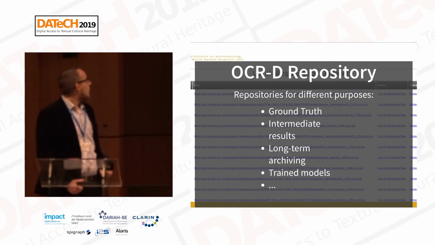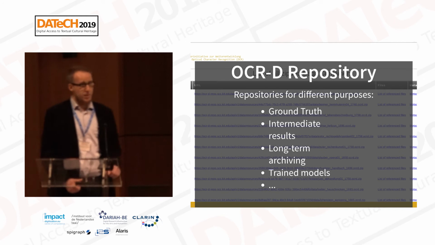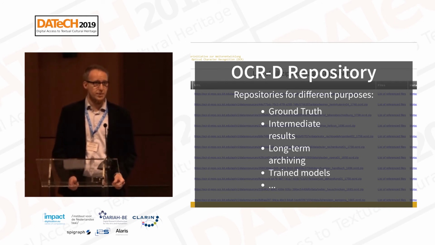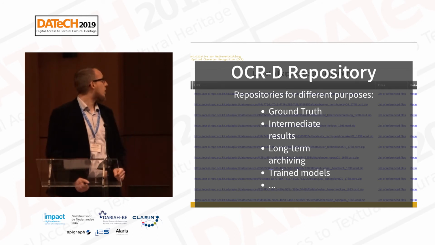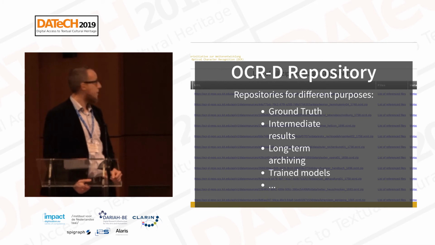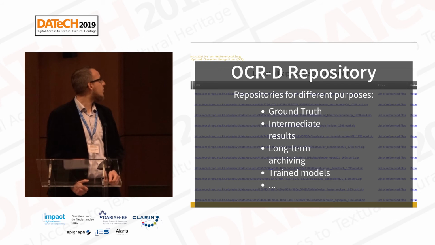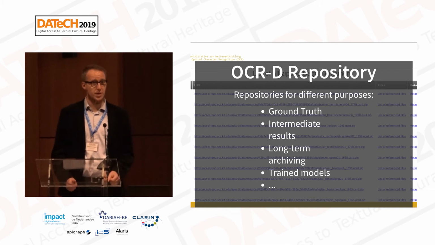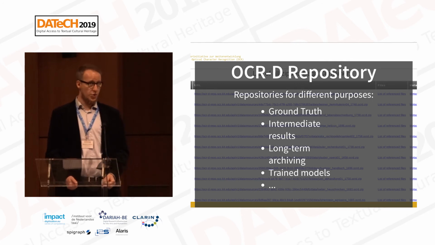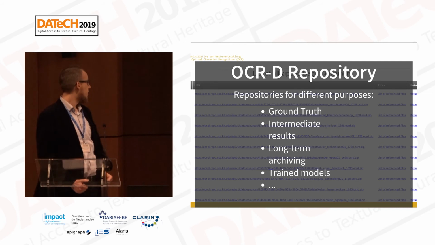Then we have a variety of repositories within OCR-D for different purposes. One of them is providing ground truth. You see in the background a screenshot of the current state of our ground truth repository. All of these repositories work with OCRD-ZIP, so that we have one format for ground truth and for intermediate results and for long-term archiving of OCR results.